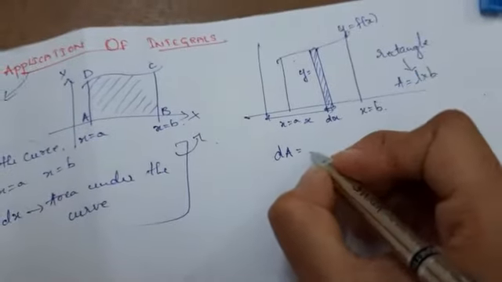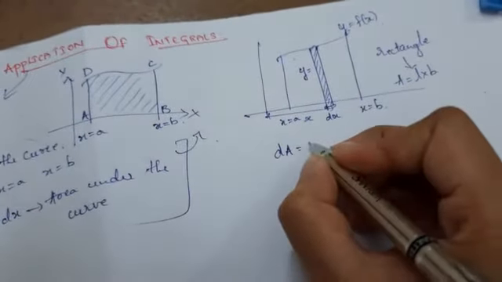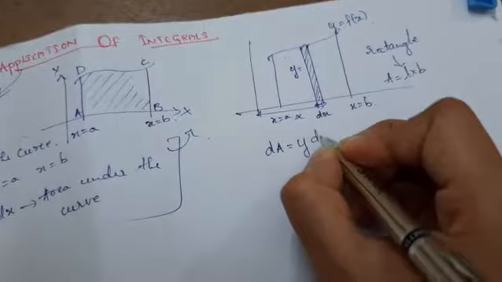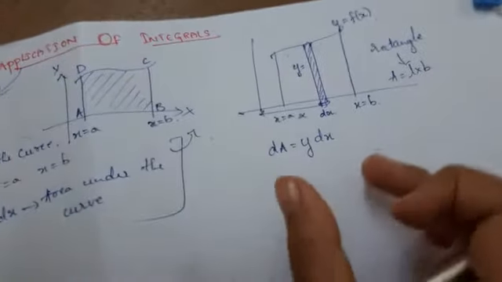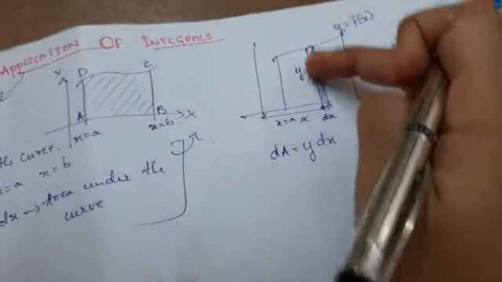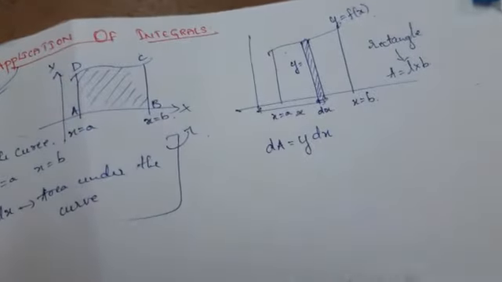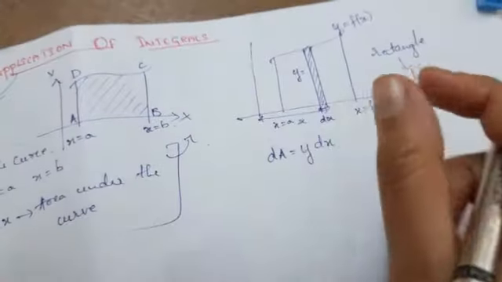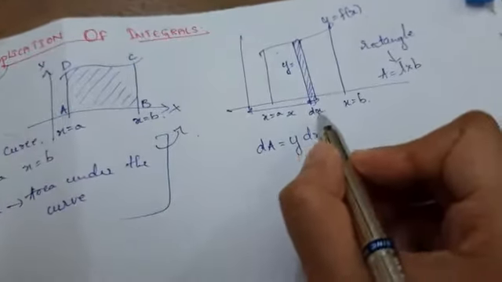Its breadth is dx and its length is y. So the area of this one particular perpendicular strip, which is very small with width dx, is y into dx.